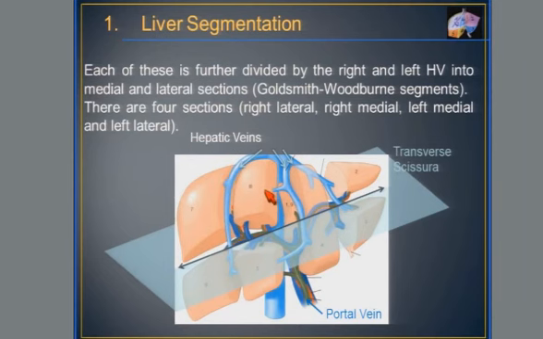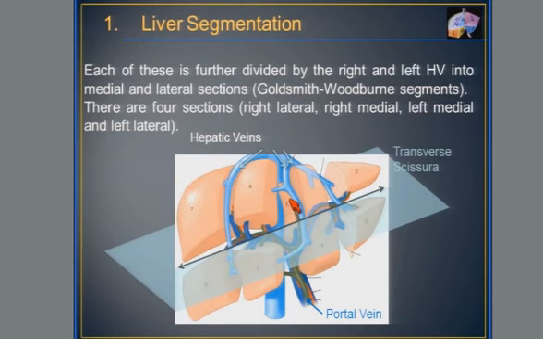Each of these hemilivers is further divided by the right and the left hepatic vein into medial and lateral sections. These sections were previously called segments when using the terminology of Goldsmith and Woodburn, which is probably more familiar to you, but it's more correct to use sections now instead of segments.